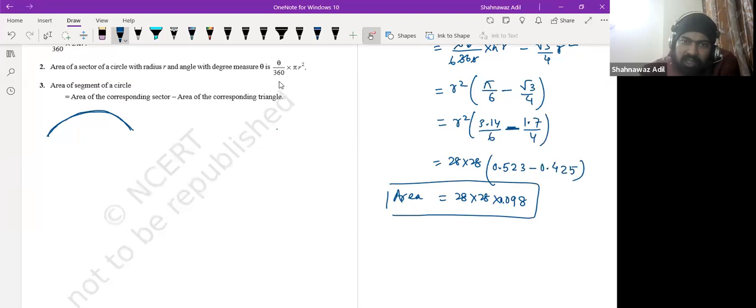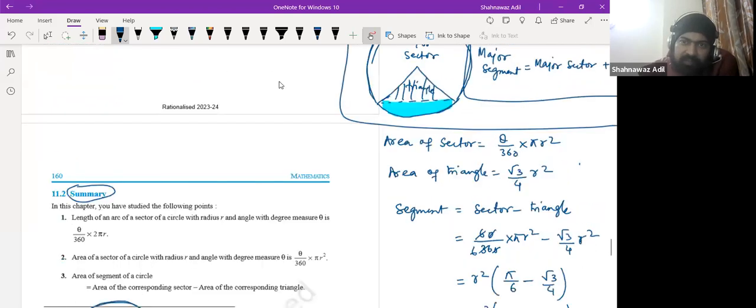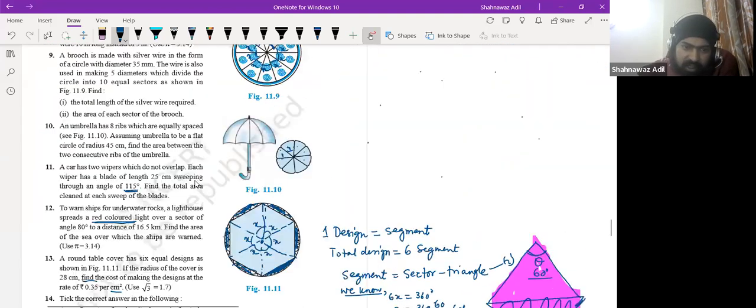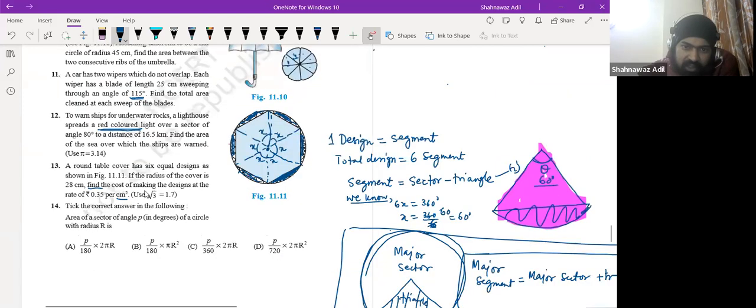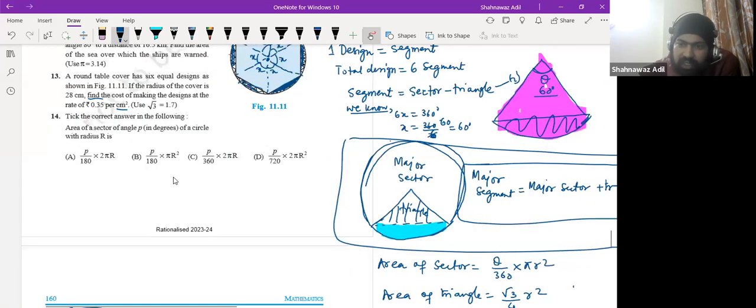Now they are also telling us to calculate the cost of making the design at the rate of 0.35 per centimeter square. Okay, so first we have to find out the total area.